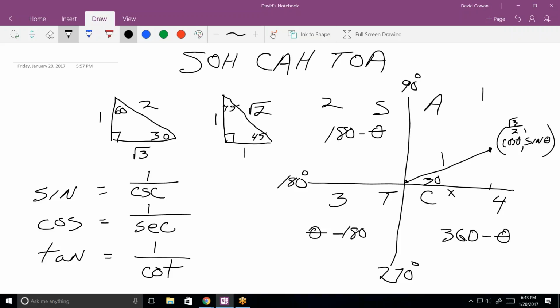Sine of 30 degrees is 1/2. So they want you to memorize that this spot on the 30-degree ray is square root of 3 over 2 comma 1/2. But the real way you should memorize it is to know that the x-coordinate is cosine of theta, the y-coordinate is sine of theta. That's all you have to know. And now you can actually fill out the unit circle perfectly.